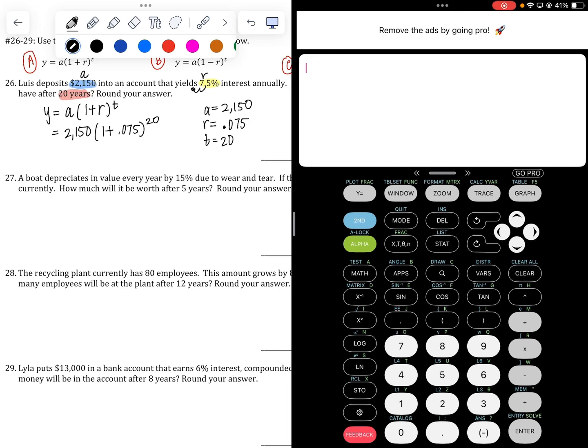If you have your calculator, type in 2150 parenthesis 1 plus 0.075, close the parenthesis, and make sure you use the caret symbol. My calculator is a little more advanced, and it puts it in the exponent, and there you go.